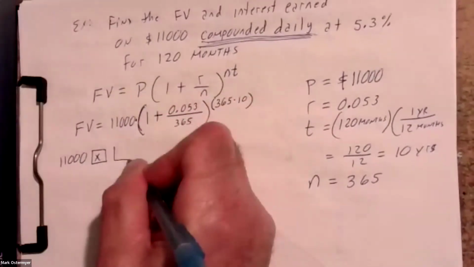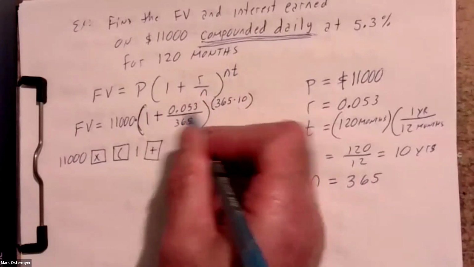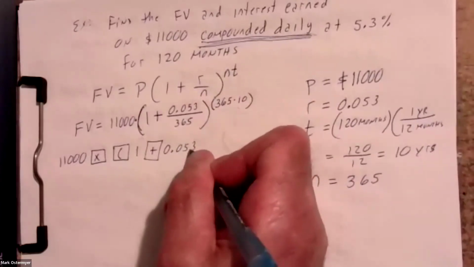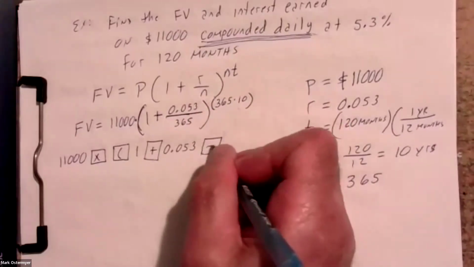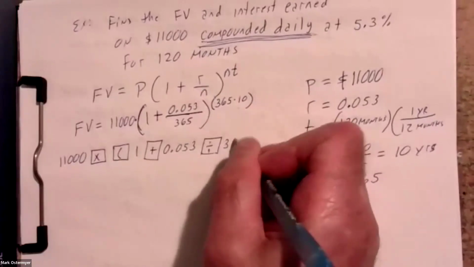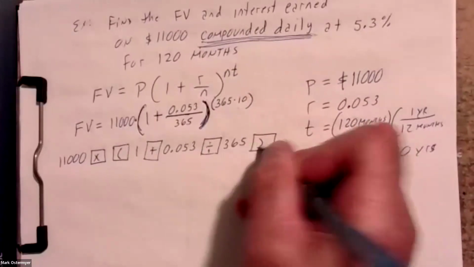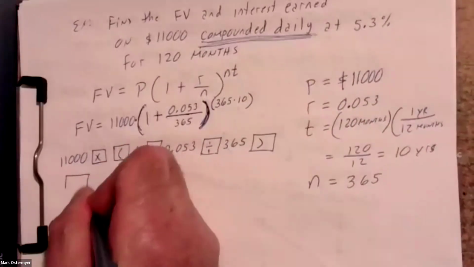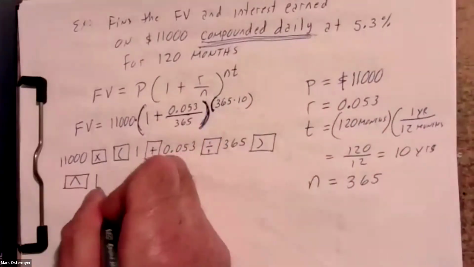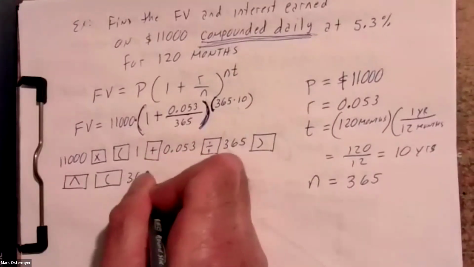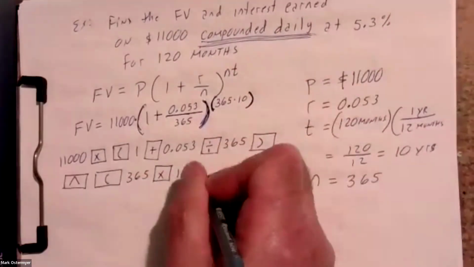Now open parenthesis, 1 plus 0.053 divided by, fraction bar means division, 365, closed parenthesis, raised to the, get your power button, open parenthesis, 365 times 10, closed parenthesis.